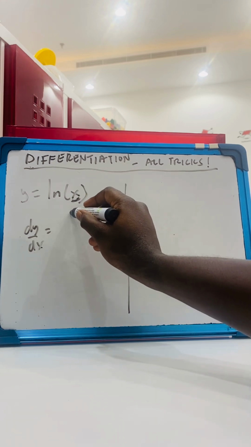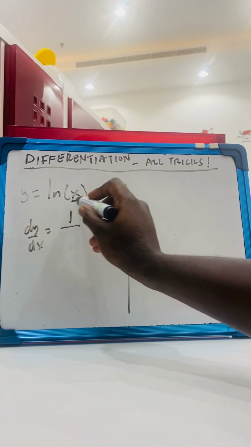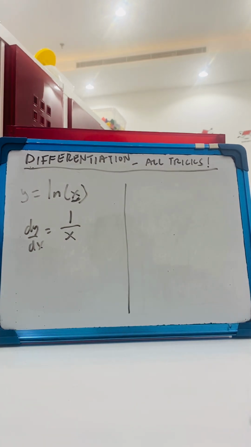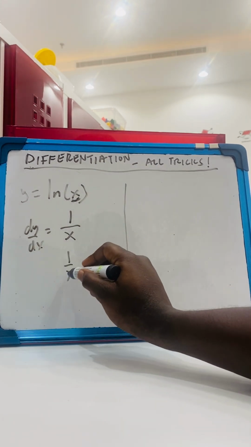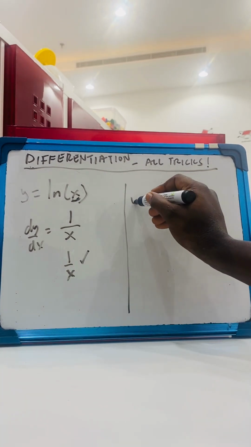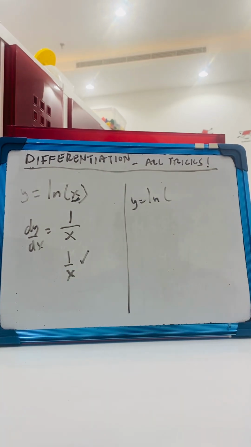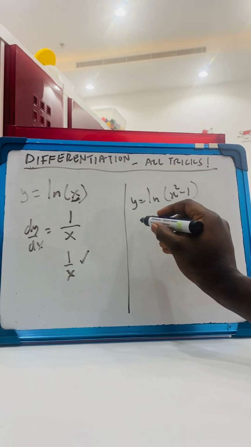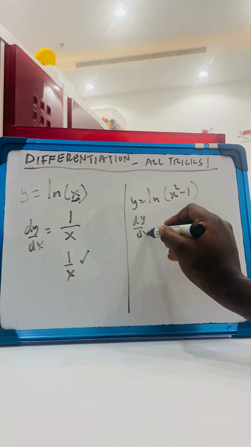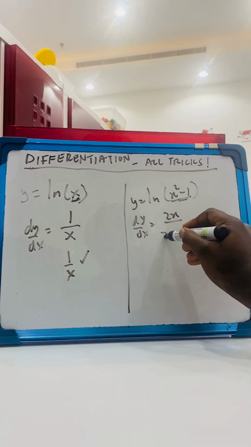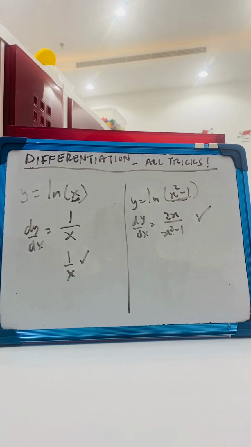So the derivative of x is 1 and divide by what's there. So ln x gives 1 over x. So I'll look at when we have ln, let's say x squared minus 1. So just as I said earlier, dy dx, just derive what's here. I have 2x, divide by what's there again, x squared minus 1. That's all.